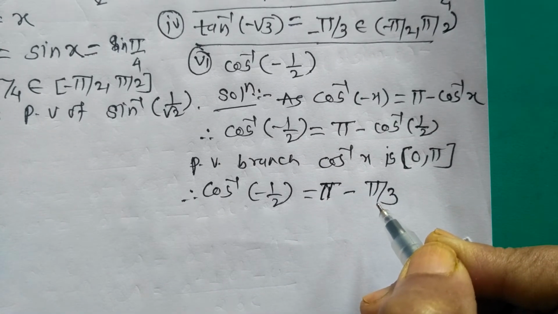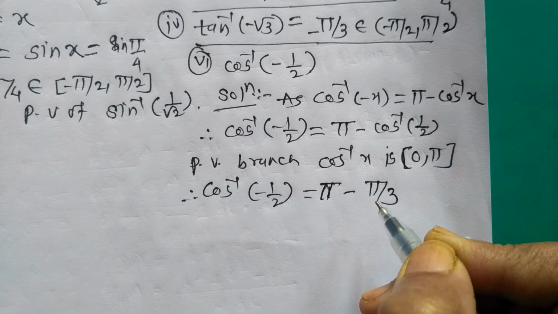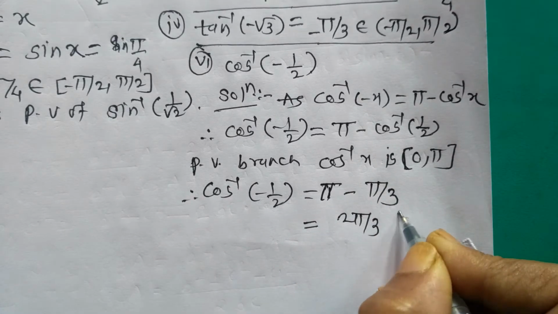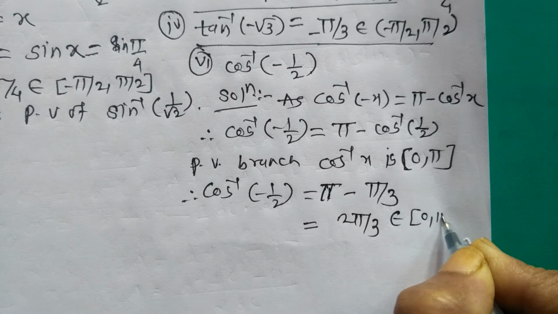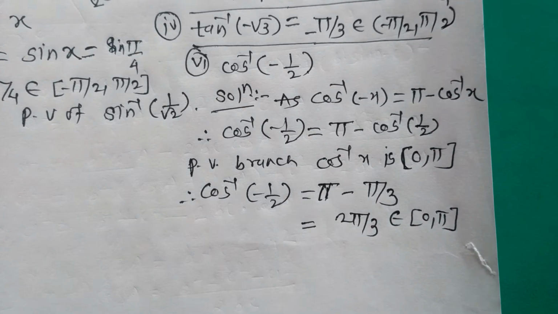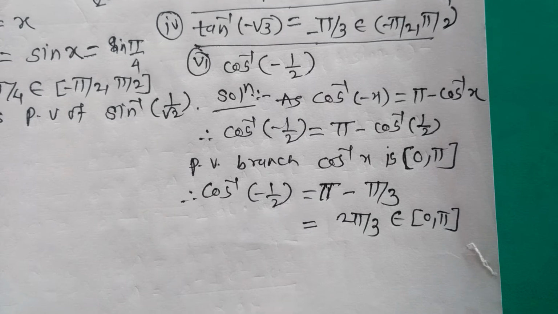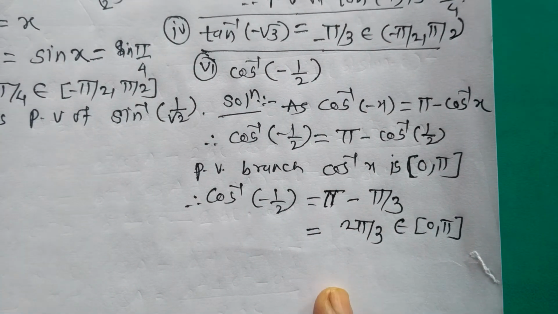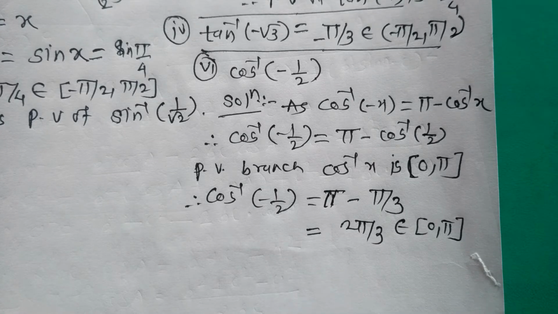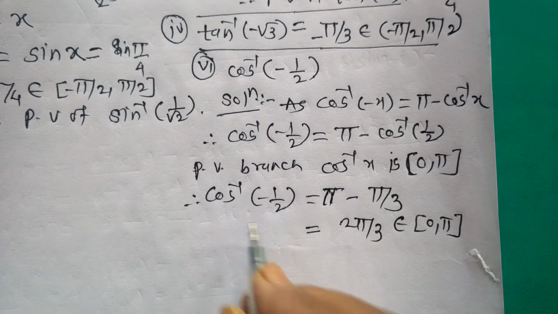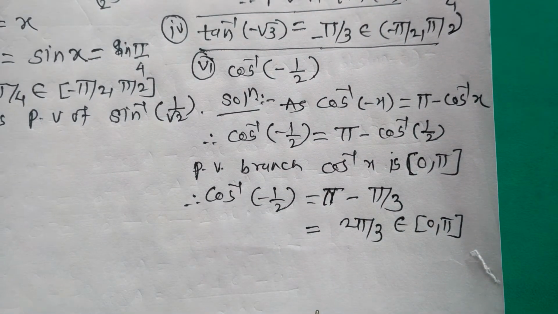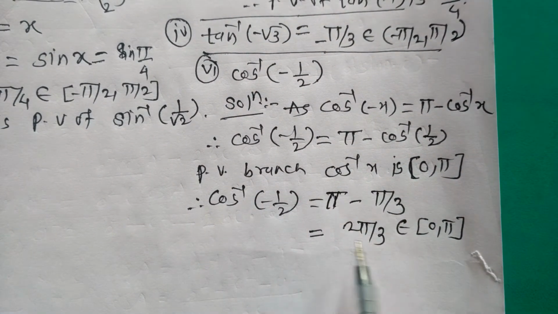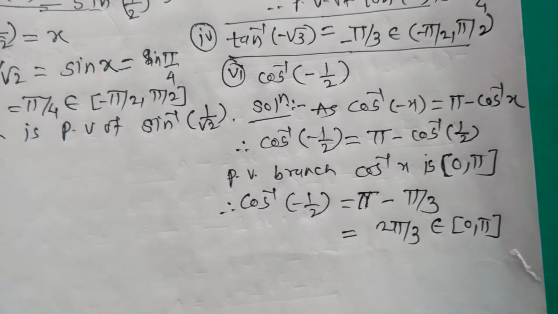Now check that value. It is 2 pi by 3, which belongs to the closed interval 0 to pi, and therefore cos inverse of minus half has principal value 2 pi by 3.